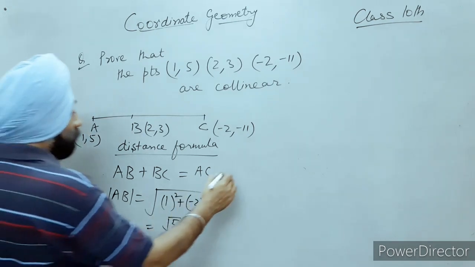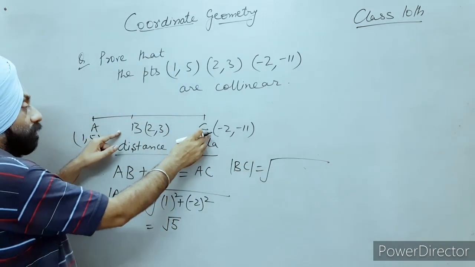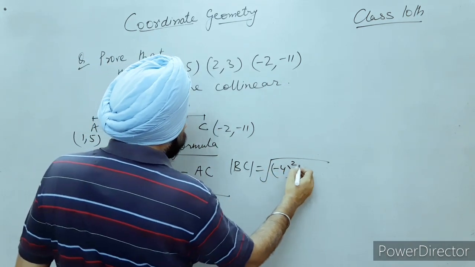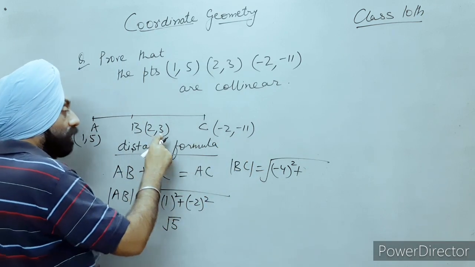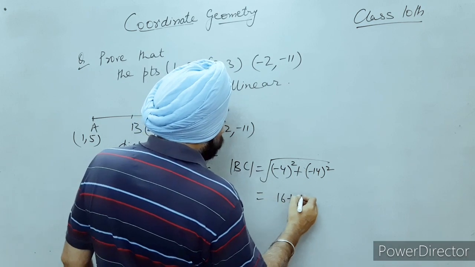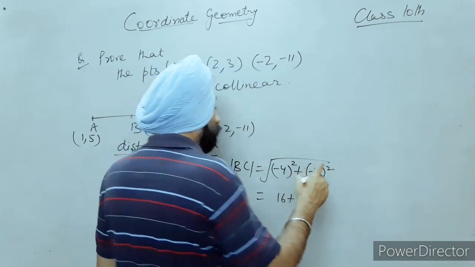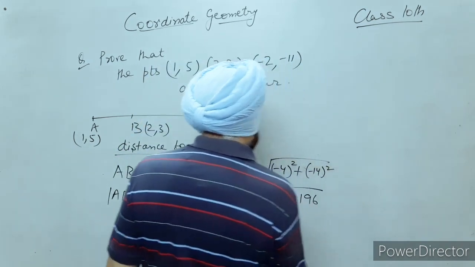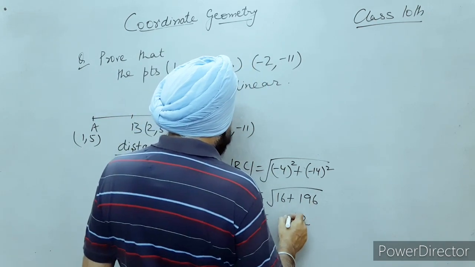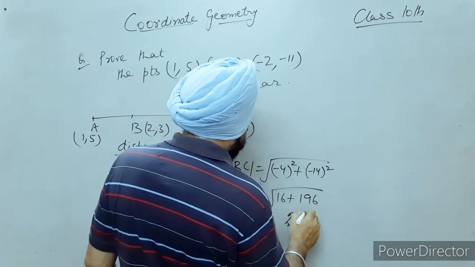This is AB distance. Similarly, BC distance is equal to square root of minus 2 minus 4, that is square, plus minus 11 minus 3, minus 14 square. I get 16 plus 196 under the root, that is 212 under the root.